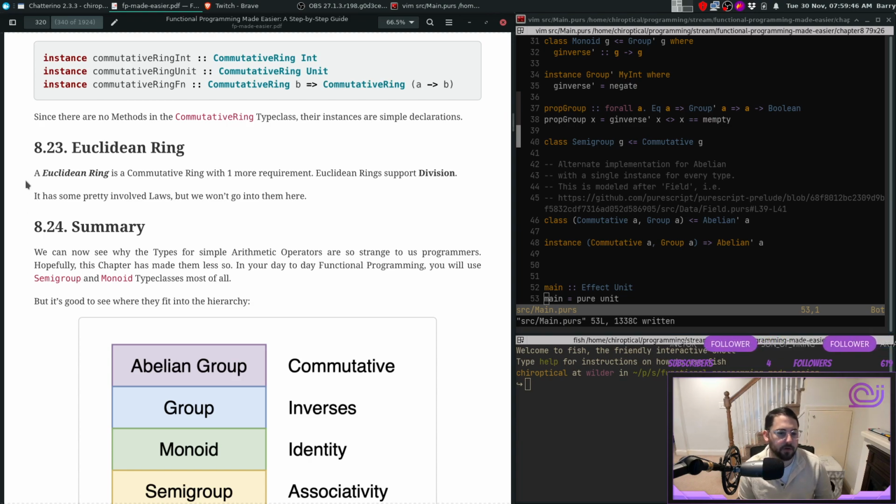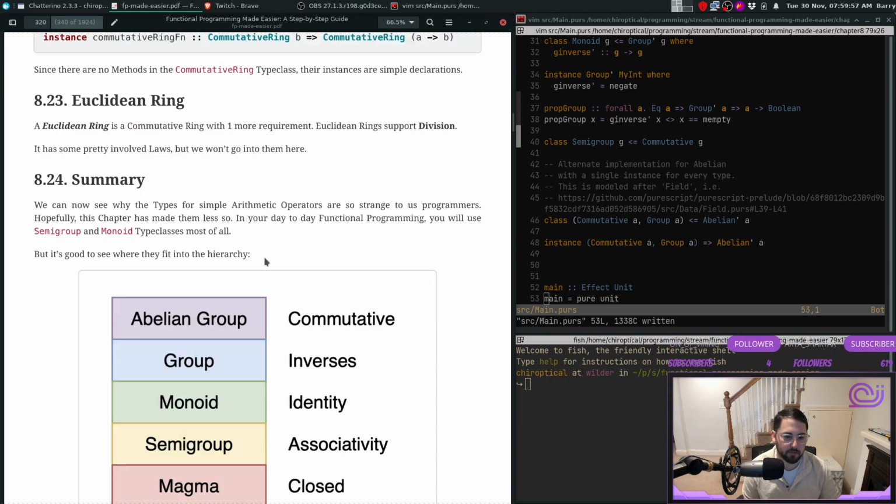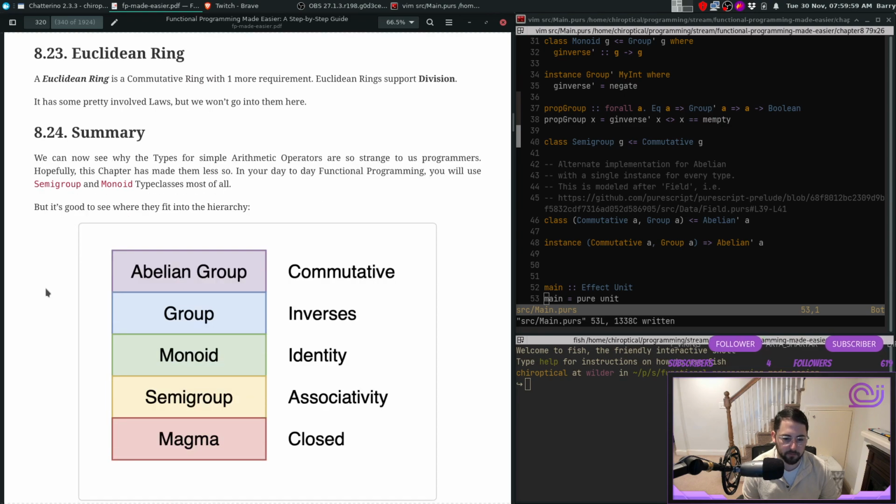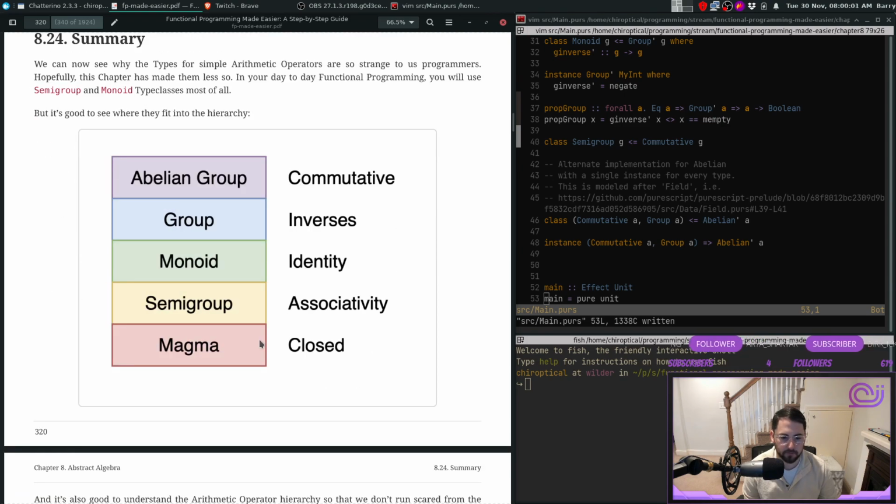Okay, so a Euclidean ring is a commutative ring with one more requirement. Euclidean rings support division. There are some pretty involved laws, but we won't go into them here. Okay, here we go. So this is the reverse. You start with a magma, which you don't describe in PureScript because there's no way to test this.